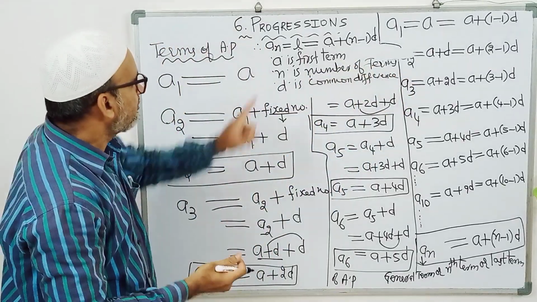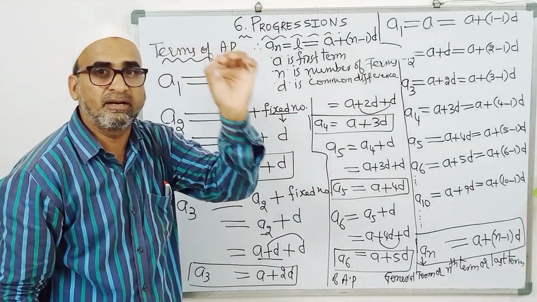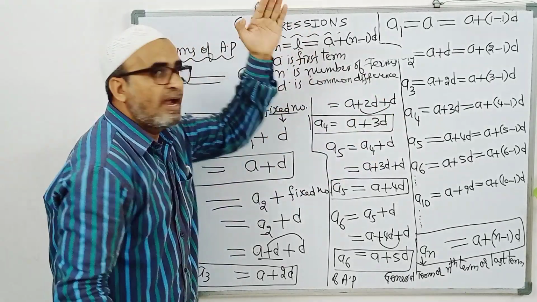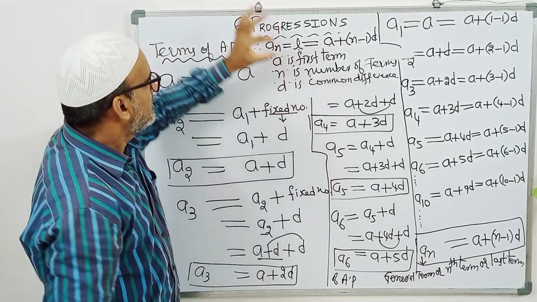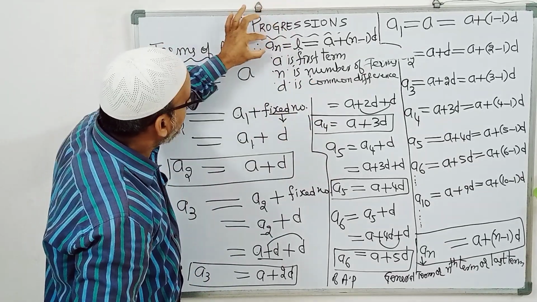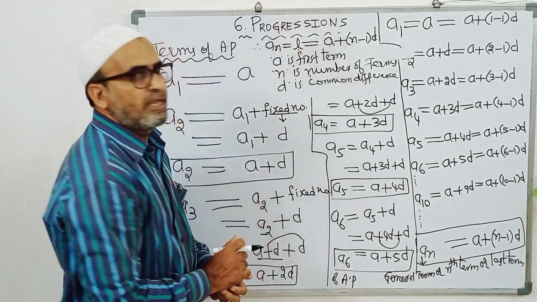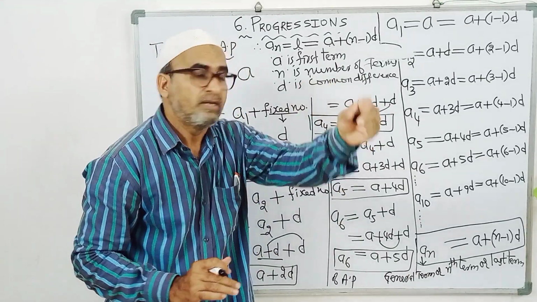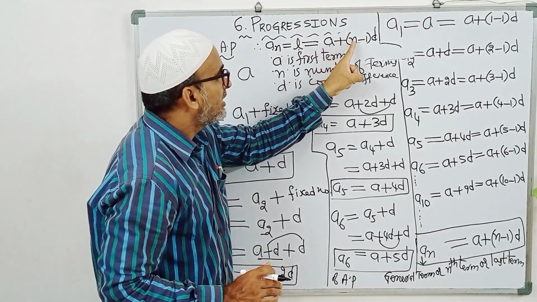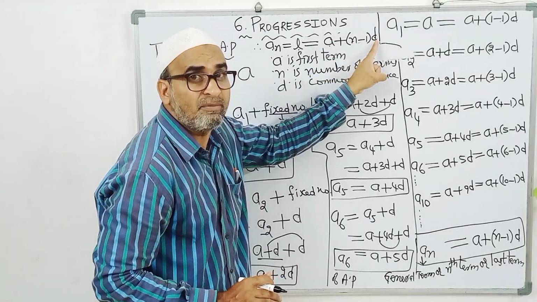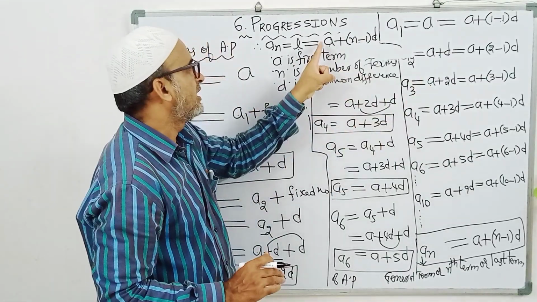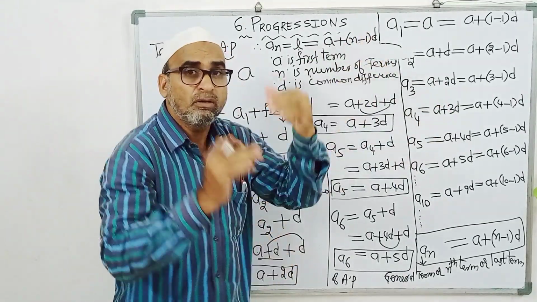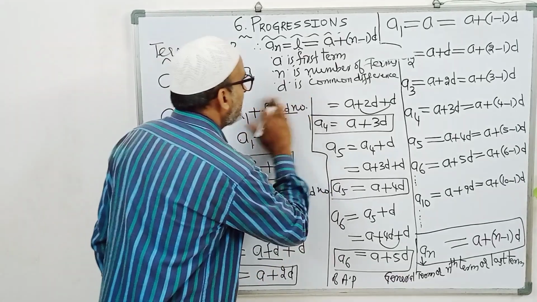So in exam, write the general term or nth term or last term of an AP and explain its terms. Means An or L is equal to A plus (n minus 1) into D. In these, what are the terms? A, n, D. These are the alphabets. What are the names? A means first term. n means number of terms. D means common difference.